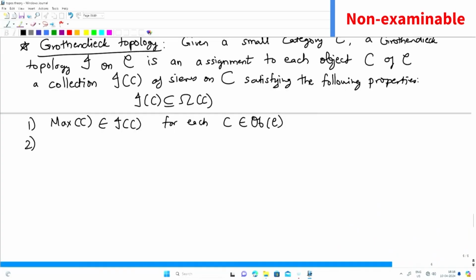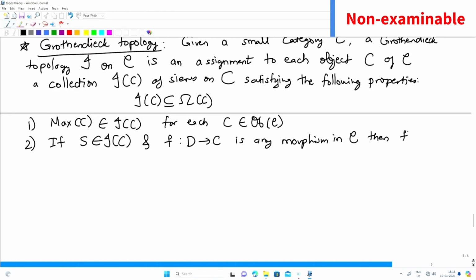So first one is max. The second one is that, well, if S belongs to JC and F from D to C is any morphism in C, then F star S belongs to J of D. This is like a continuous map.